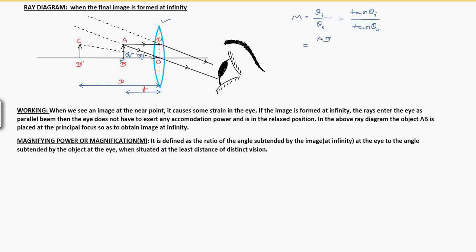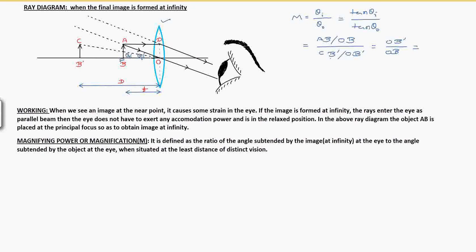In this triangle OBA, tan theta I is equal to AB divided by OB. And tan theta O is equal to CB dash divided by OB dash. So this is equal to, again CB dash and AB are equal, so we can write it as OB dash divided by OB.